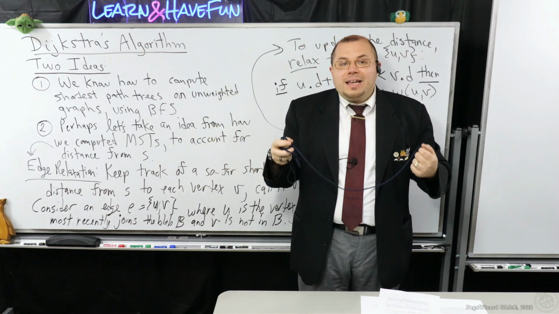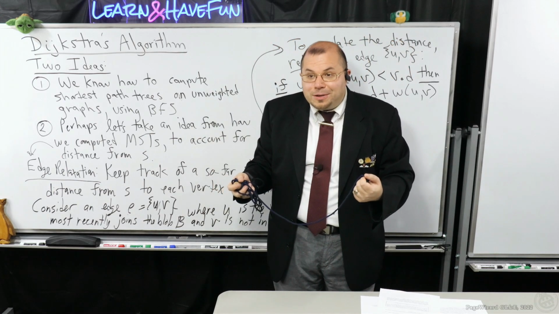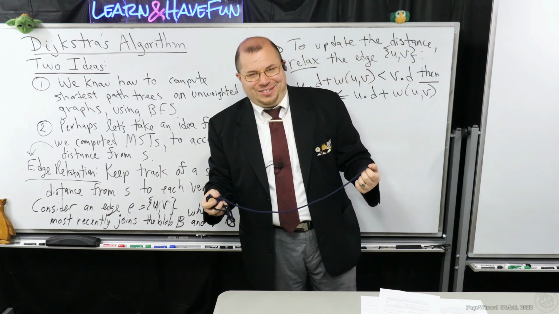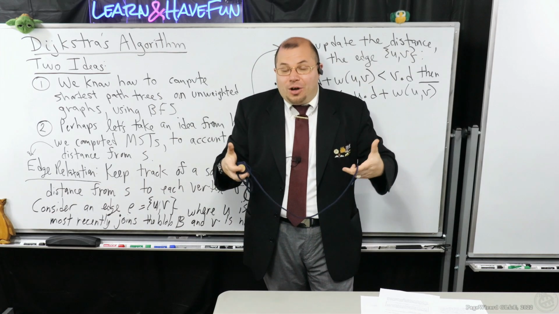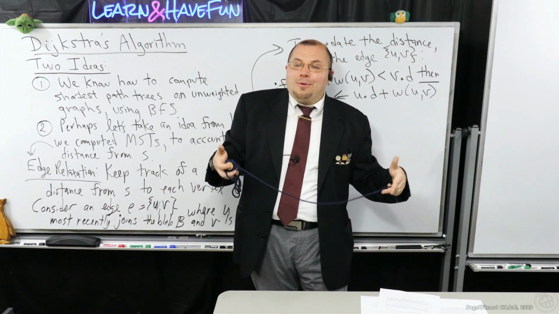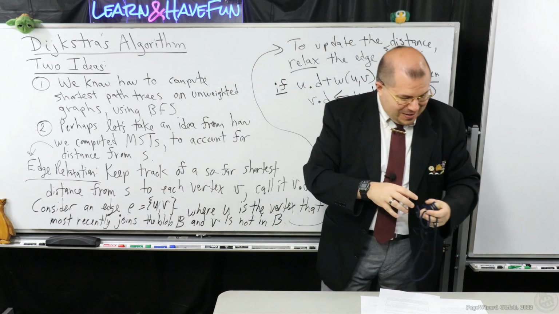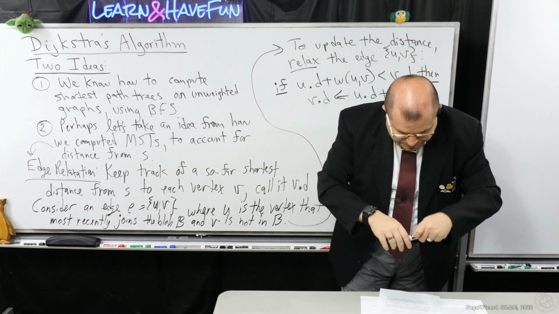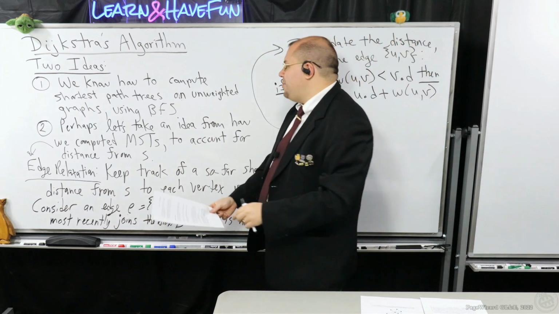So unlike in Prim's algorithm where the blob just goes for the one that's closest to the blob, it's just going to go for the one that's always closest to its mouth at the source. It's a lazy blob. It doesn't want to just travel to the one that's closest to the entirety of the blob. It requires it to be the one that's closest to its mouth, okay? And that's going to be the idea behind Dijkstra's algorithm. So again, it is a greedy algorithm, just like Prim's algorithm was.